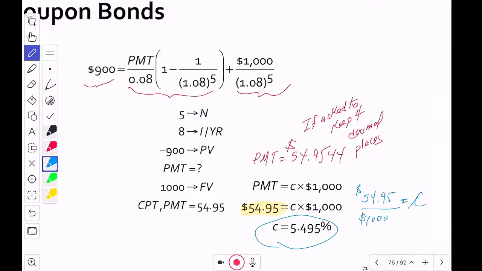So you get the hang of it: a single digit rate, because you're multiplying by 1,000, results in a dollar payment between $10 and $100.